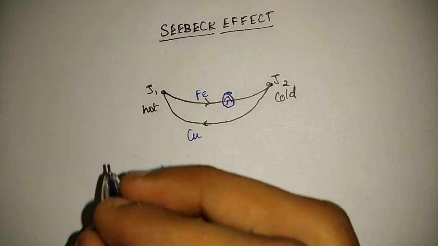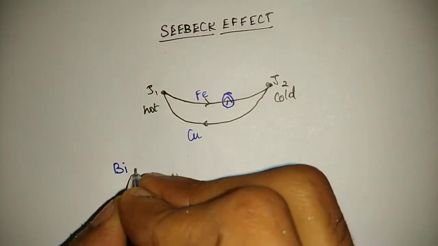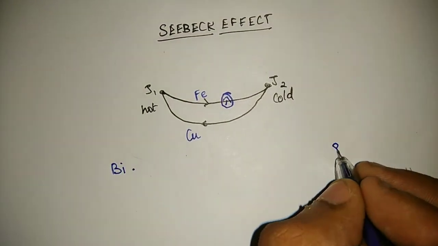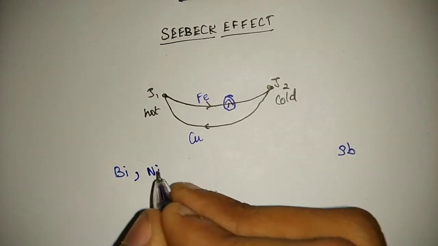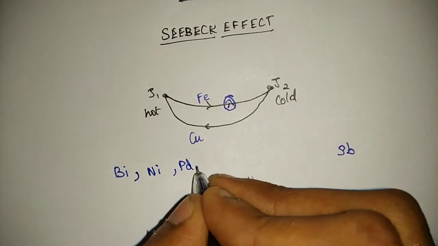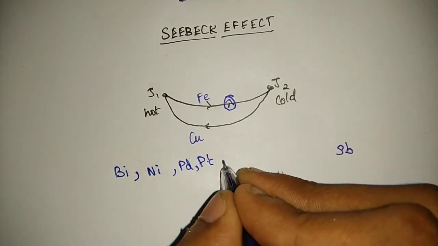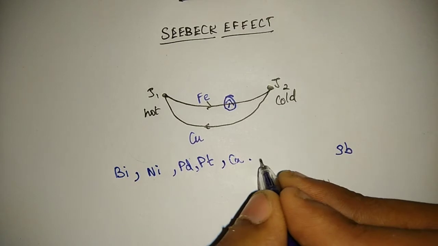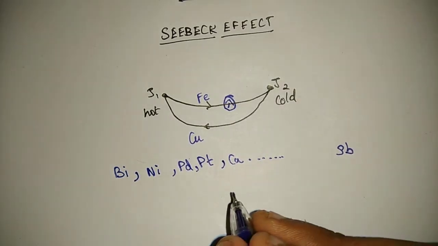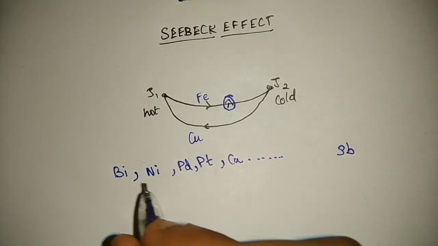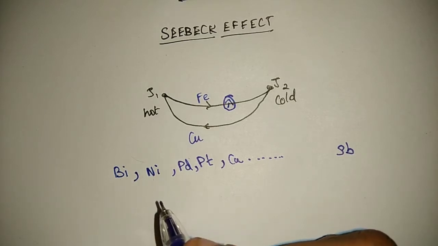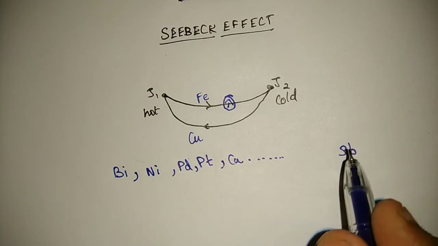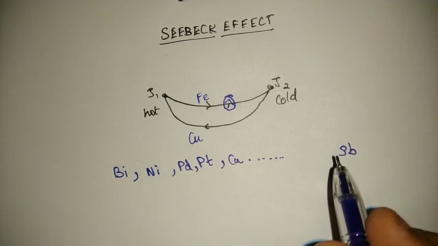The series went from bismuth to Sb, and between these two, nickel, Pd, platinum, copper and such metals were there. When you take two metals that are close together, it produces a very small thermo EMF, but when you take two metals far apart, it produces a very large EMF.